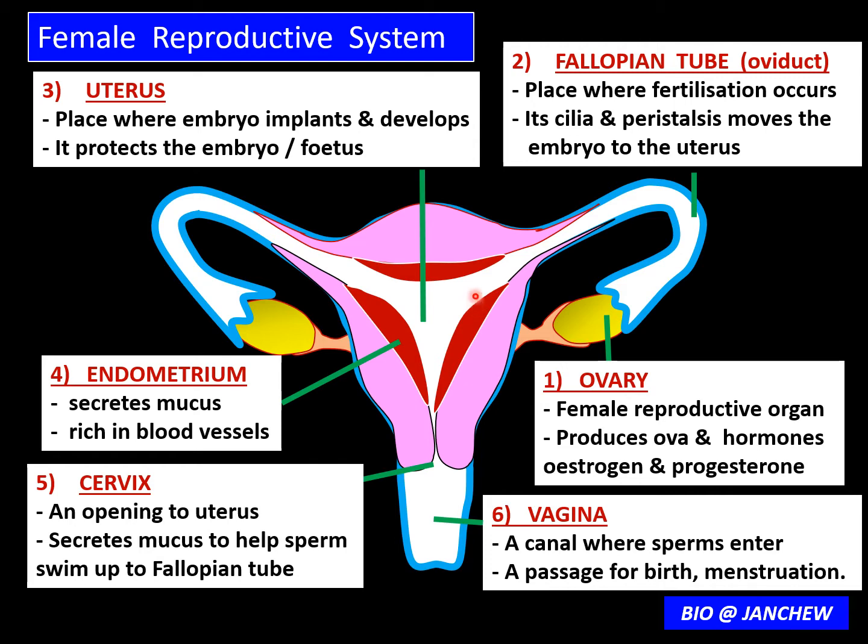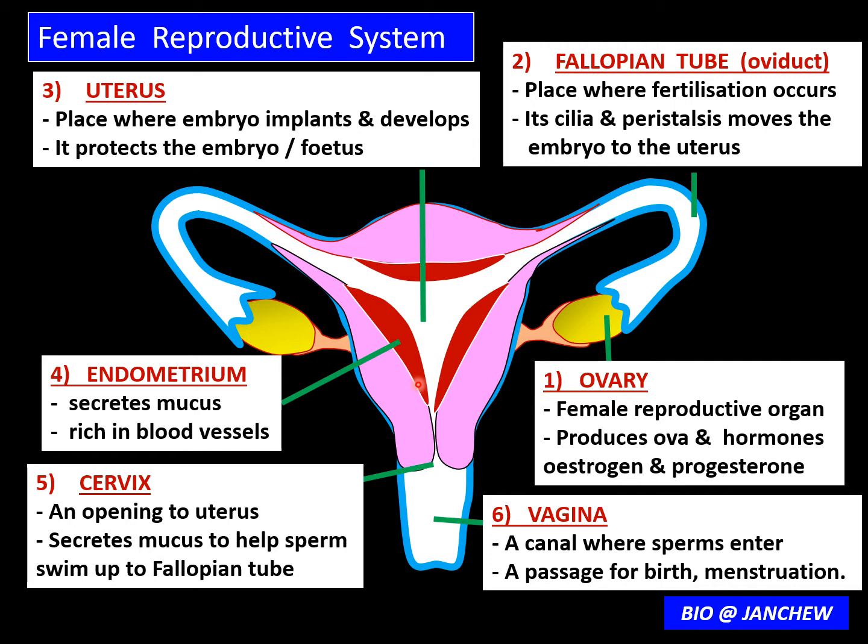All right. Next, we have the uterus. The uterus is an organ with thick muscular walls, colored pink here. And the inner wall is lined with another layer of tissue called the endometrium. The endometrium is a layer of blood and tissues rich in blood vessels, and it secretes mucus.